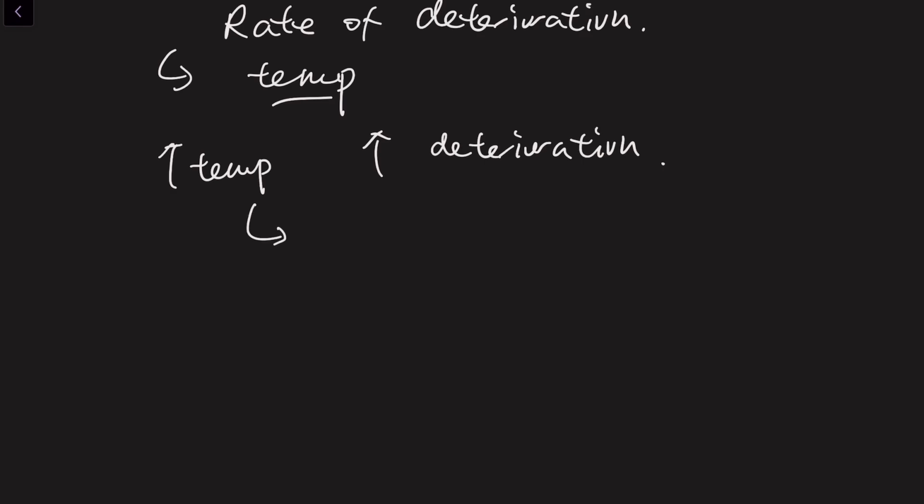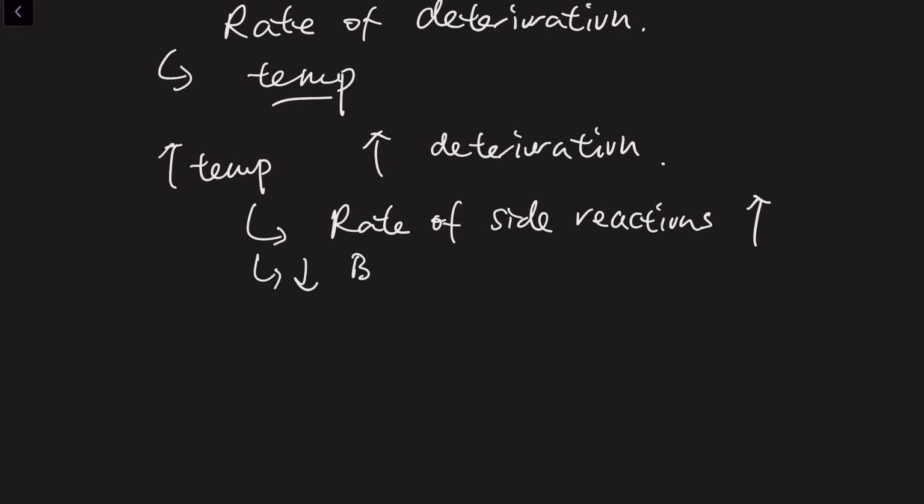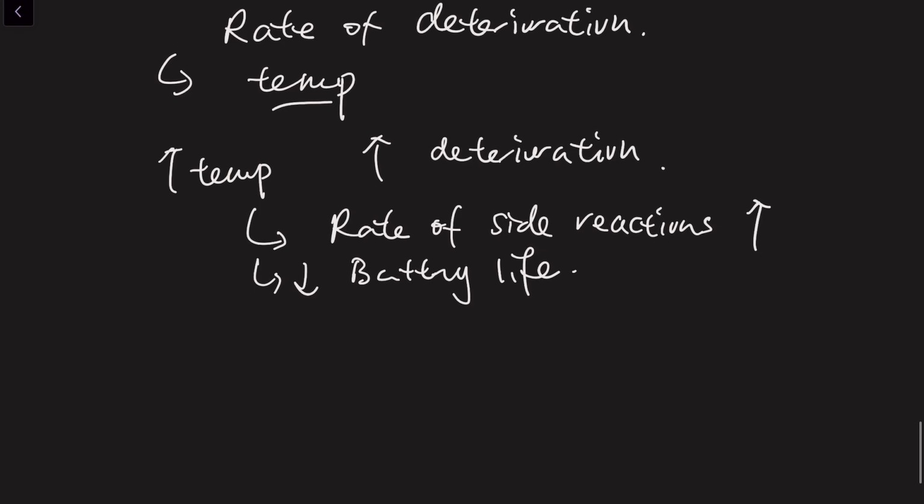As the temperature increases, we know that the rate of reaction increases, but in particular, the rate of side reactions will increase. And hence, this reduces battery life. And that's why it is important to cool down your batteries during operation.